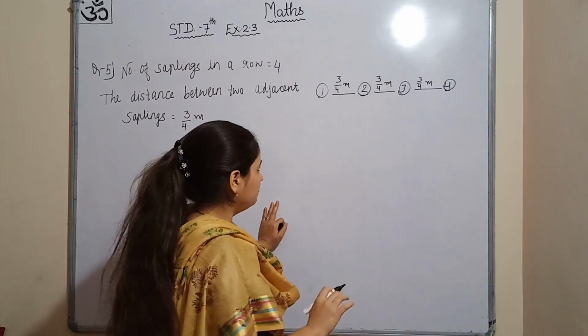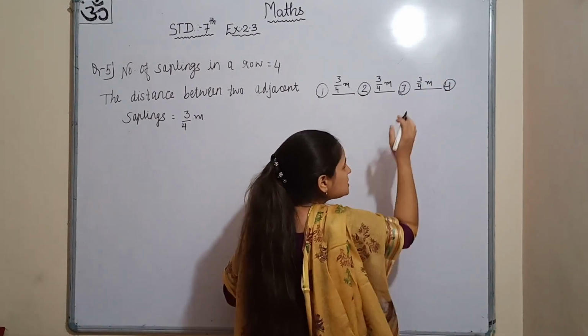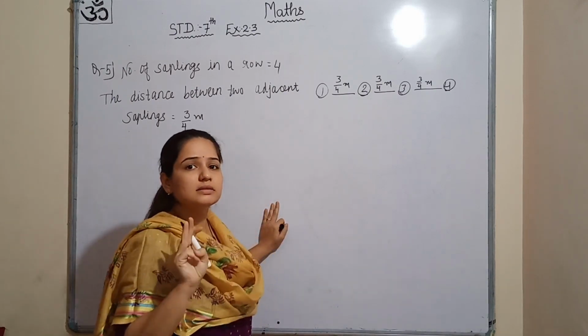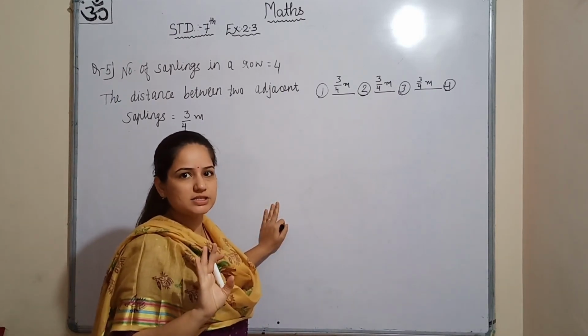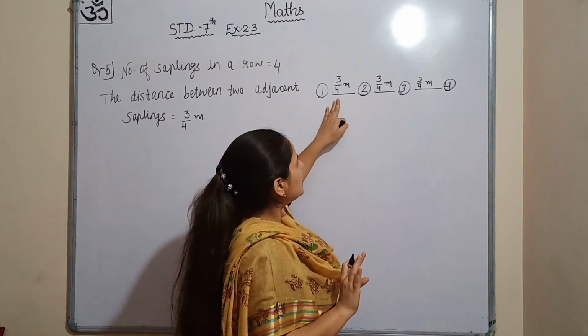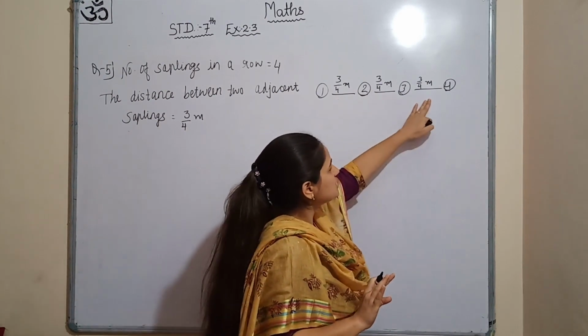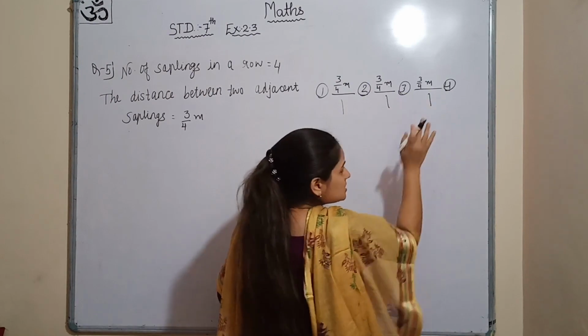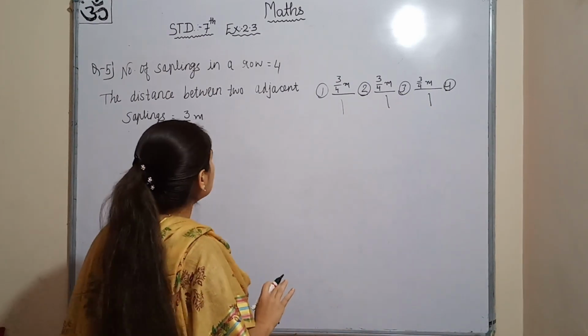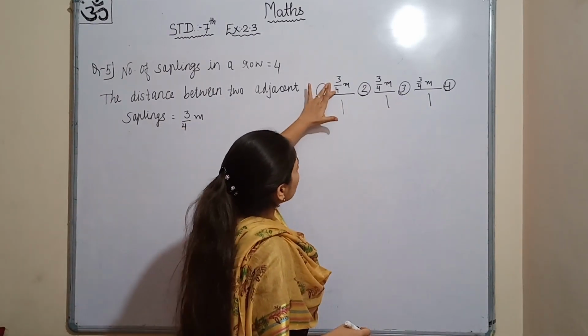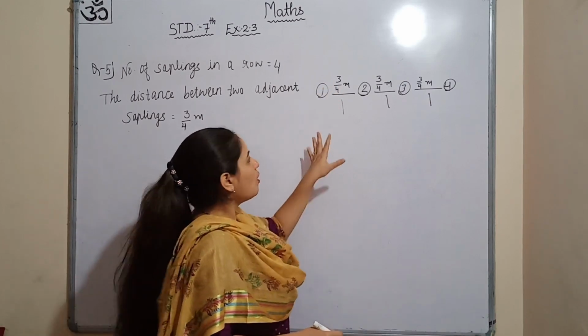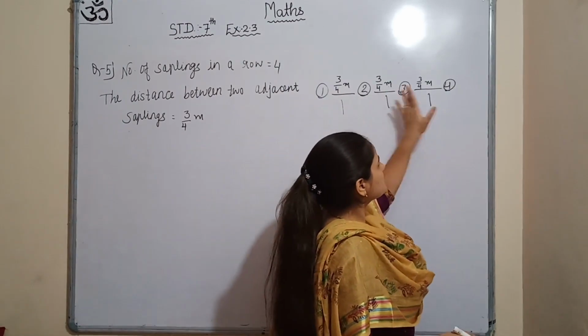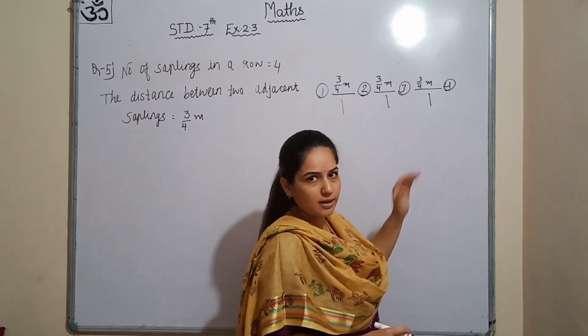So how many times is the distance created? 3 times altogether the distance is there. How many adjacent distances are there? 3. 1, 2 and 3 adjacent distances are created. So we will multiply this 3 upon 4 by 3 to obtain the distance between the first and the last sapling.